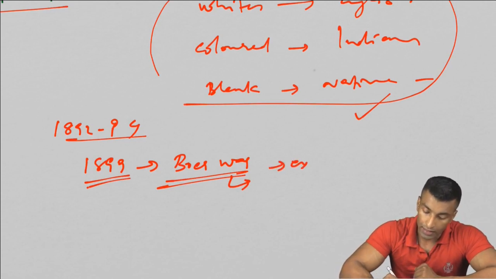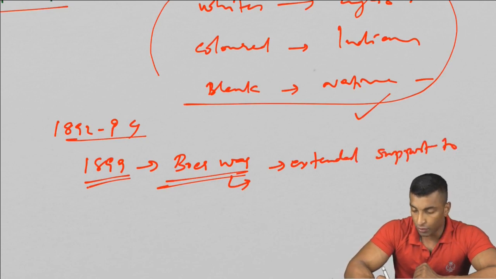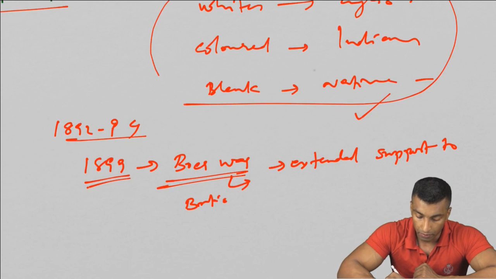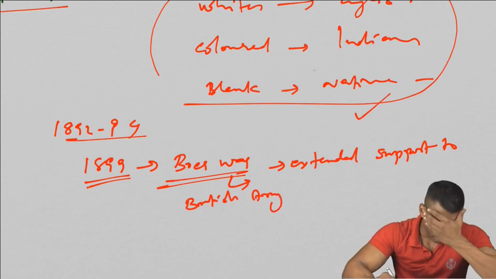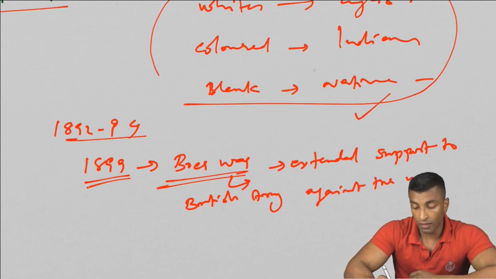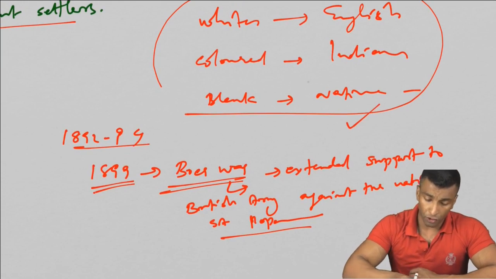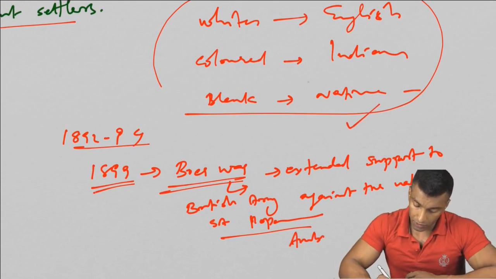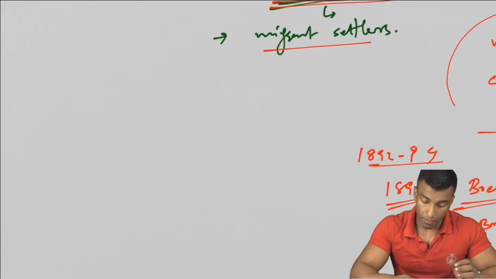Gandhi extended support to the British Army against the native South African population, and formed an ambulance corps, providing medical assistance to the British Army.